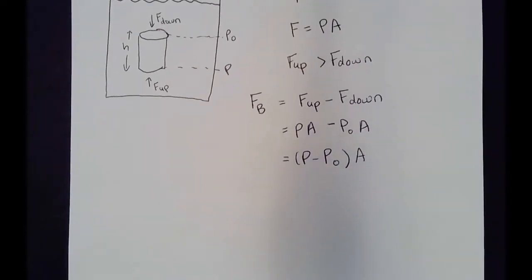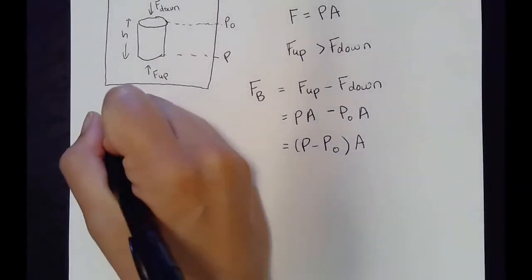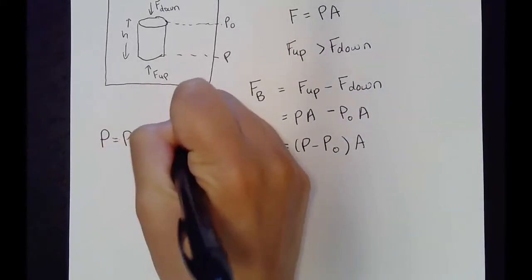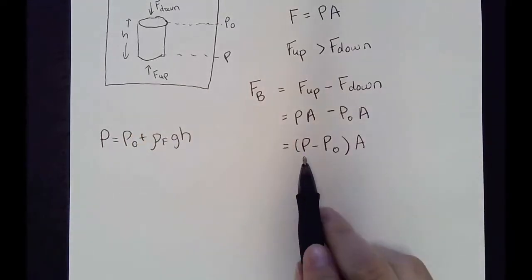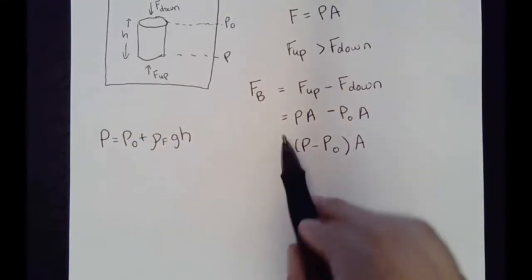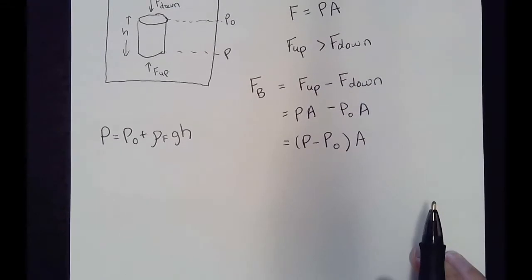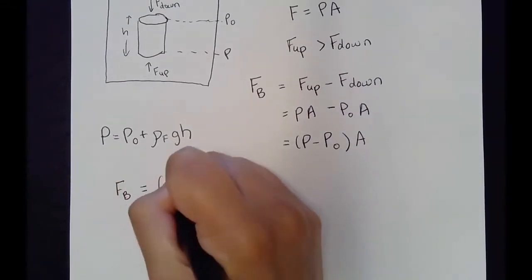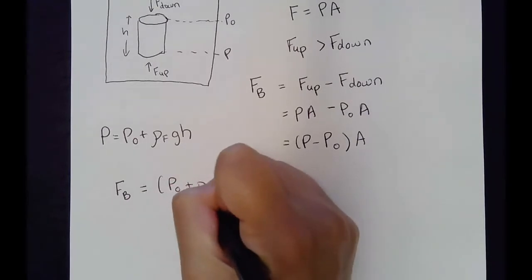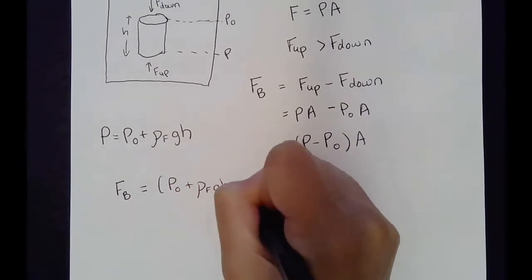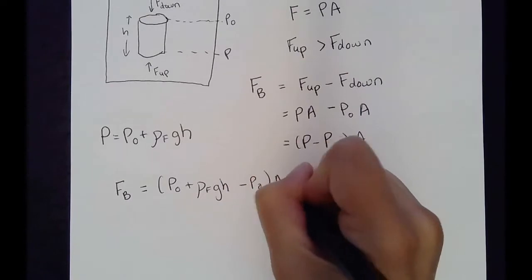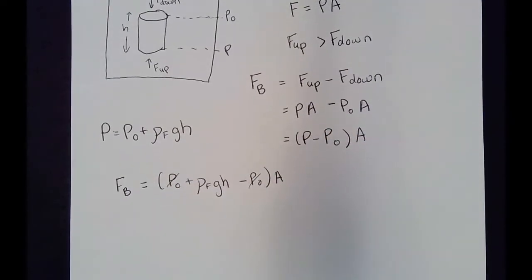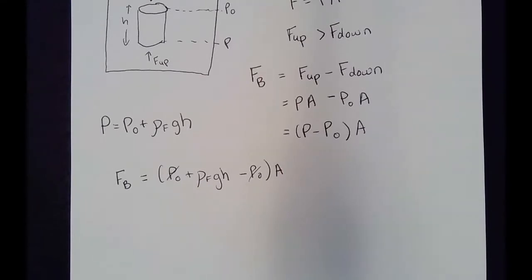Okay, now I want to plug in the hydrostatic equation, P equals P0 plus rho_f g h, for this pressure at depth h compared to the upper surface. So now I'll have the buoyant force equals (P0 plus rho_f g h minus P0) times A. And you can see that those pressures at the top of the region, or the top of the cylinder in this case, cancel.